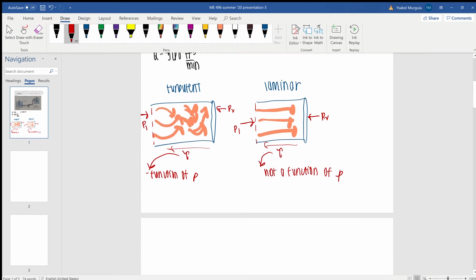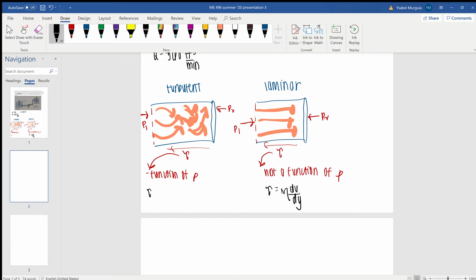Okay, and we have been given equations in the past. Laminar flow is what we have previously worked with because this is steady flow. So laminar flow is something that we are very familiar with and we have previously solved for shearing stresses. This is just going to be your basic tau equals the viscosity times du over dy. So you can see that this laminar flow is in fact a function of viscosity and not of density.